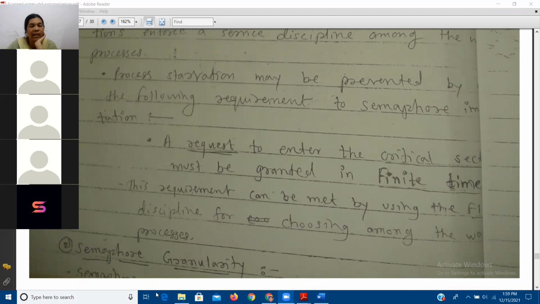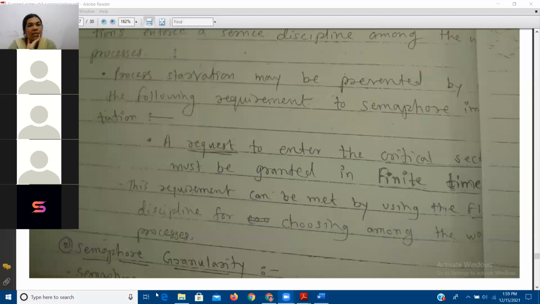In finest granularity, each common resource has its own semaphore variable, and in coarse granularity, all the resources share only one semaphore variable.